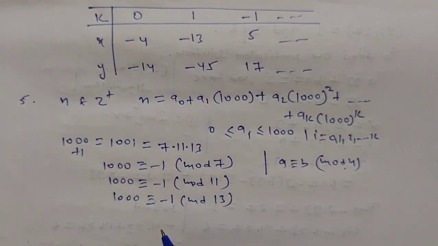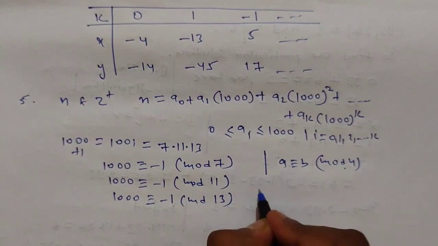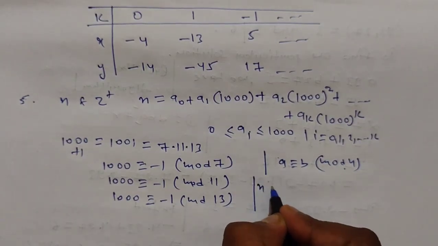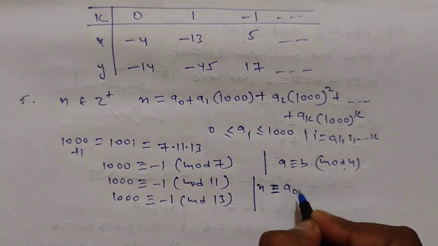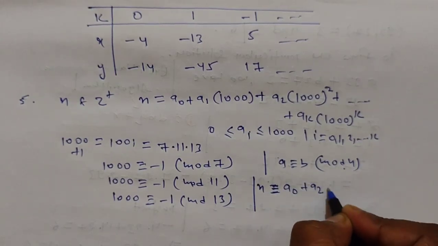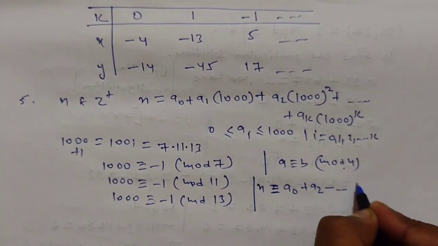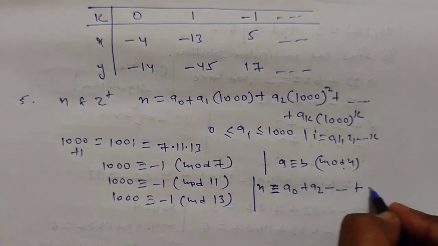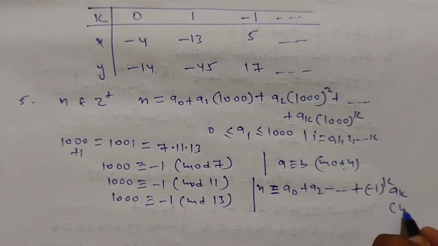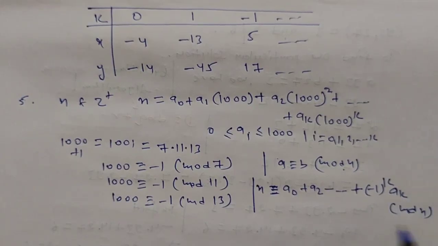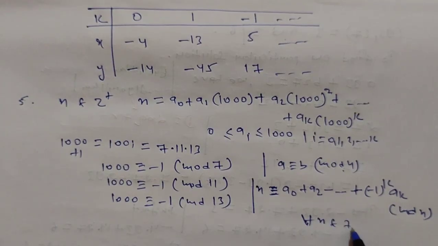So this gives simply n is congruent to a0 minus a1 plus a2 minus up to minus 1 to the power k ak mod n, for all n belonging to 7, 11 and 13.